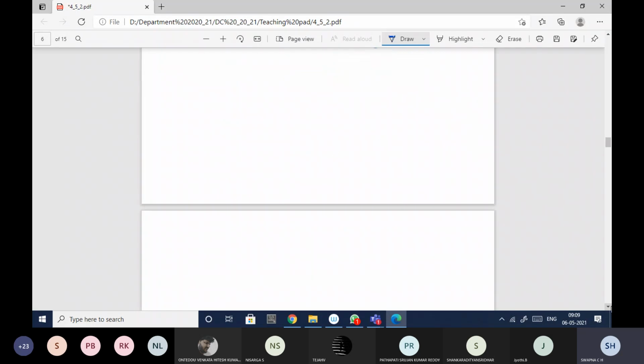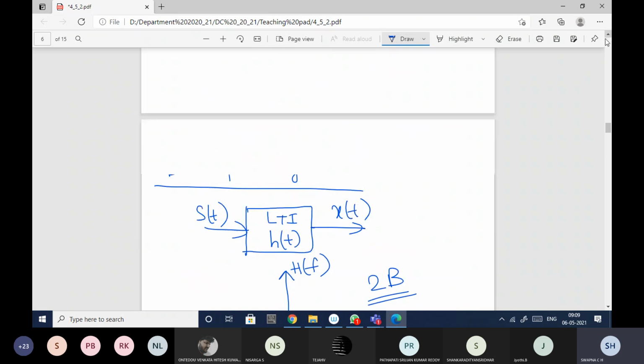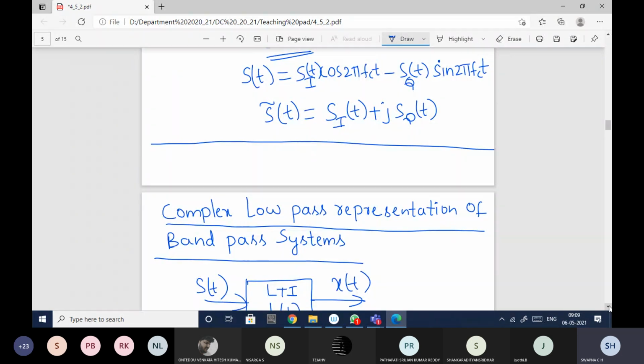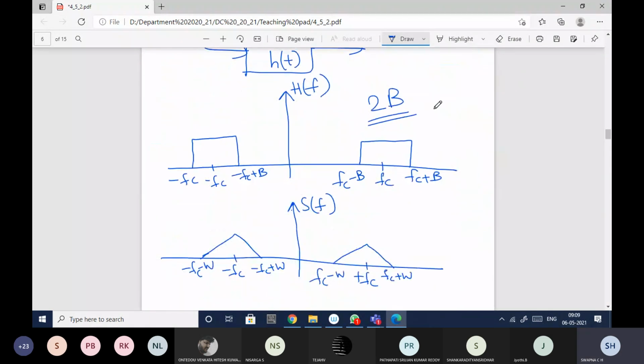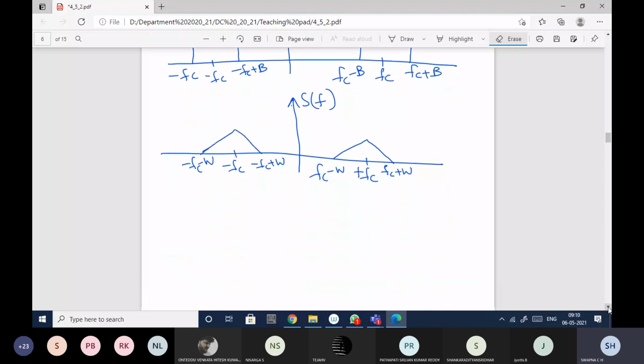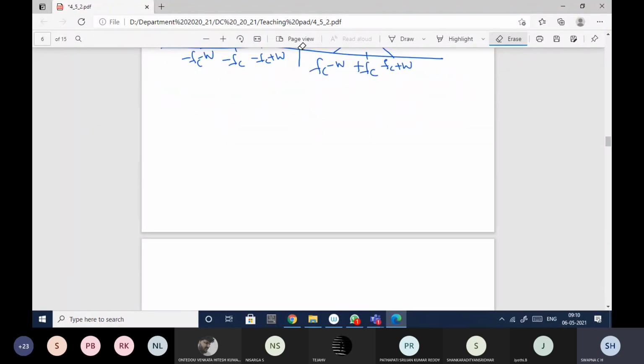So you have the bandpass signal. H of t is the impulse response of the bandpass system. Since it is a bandpass system, I can represent it in the canonical form. What is that canonical form?